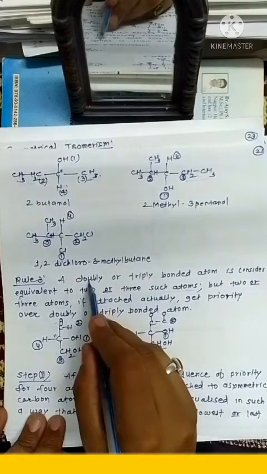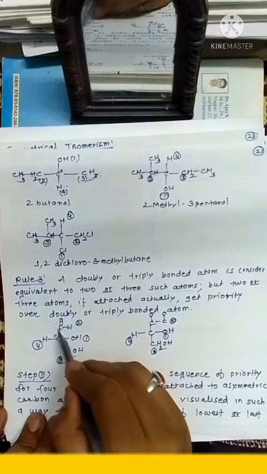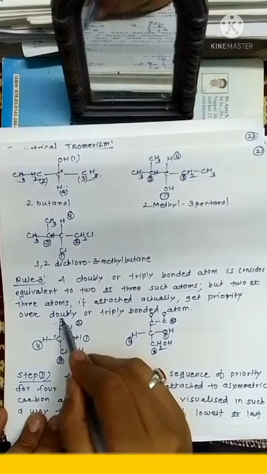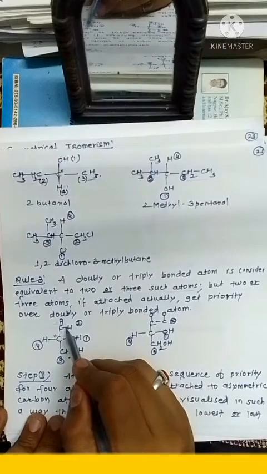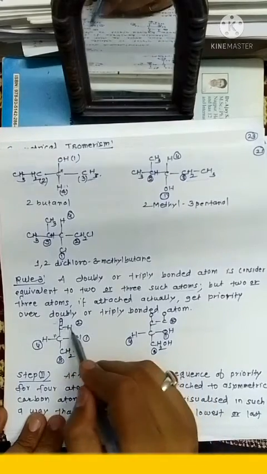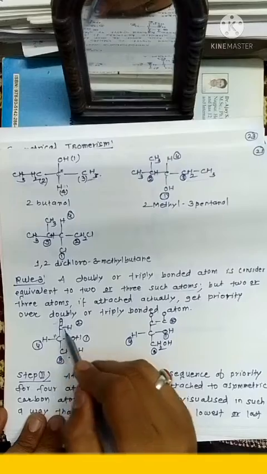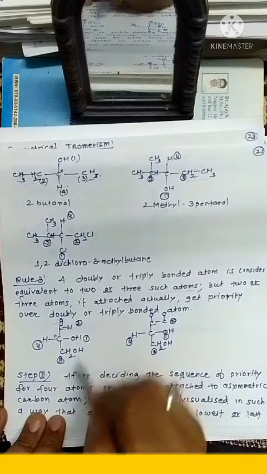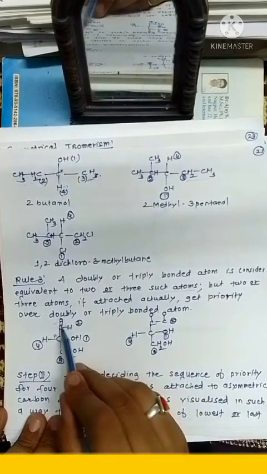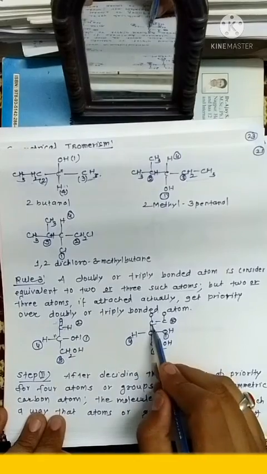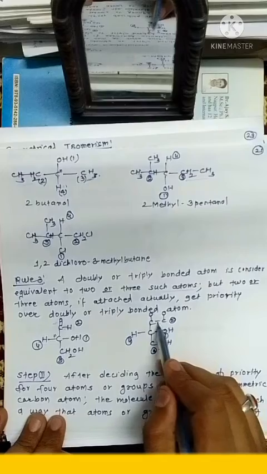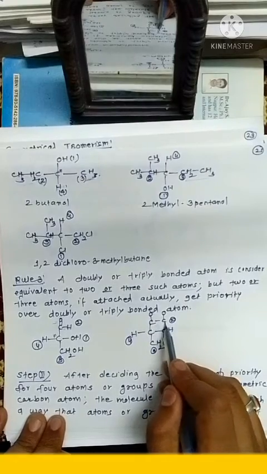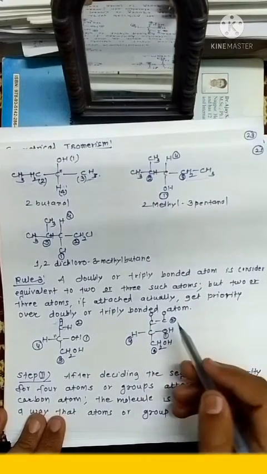Now according to this rule, this aldehyde group gets priority over this alcoholic group. Why is it so? Because this is considered as C attached to oxygen, and oxygen again, while the other is C attached to carbon, hydrogen and oxygen.